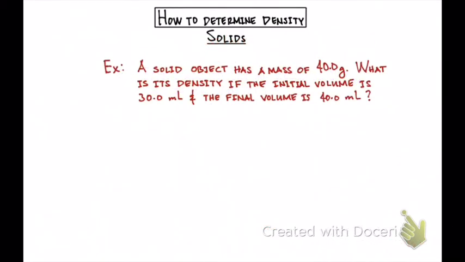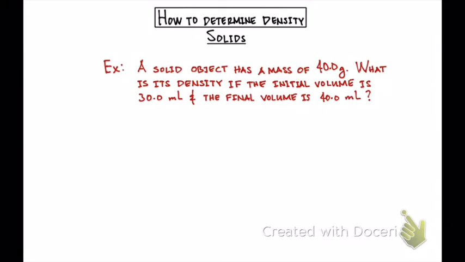So let's look at an example here on how to determine the density. First, let's look at solids. A solid object has a mass of 40.0 grams. What is its density if the initial volume is 30.0 milliliters and the final volume is 40.0 milliliters?